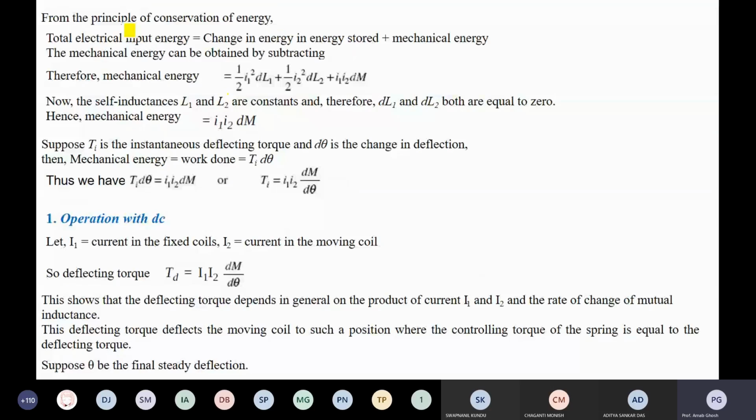So what will be the upcoming expression? From the principle of conservation of energy, the total electrical input energy equals the change in stored energy plus mechanical energy. The mechanical energy can be obtained by substituting, by replacing all of the values.